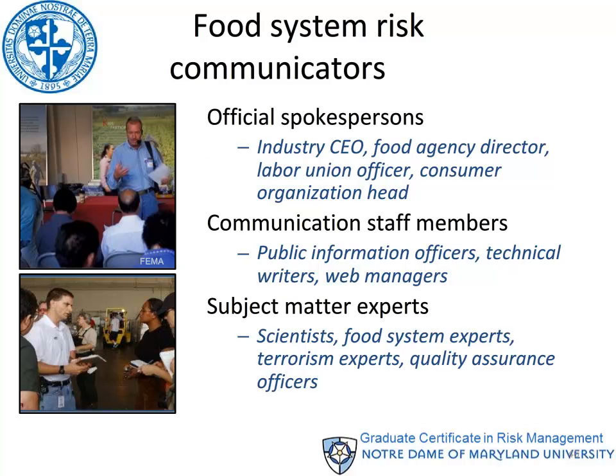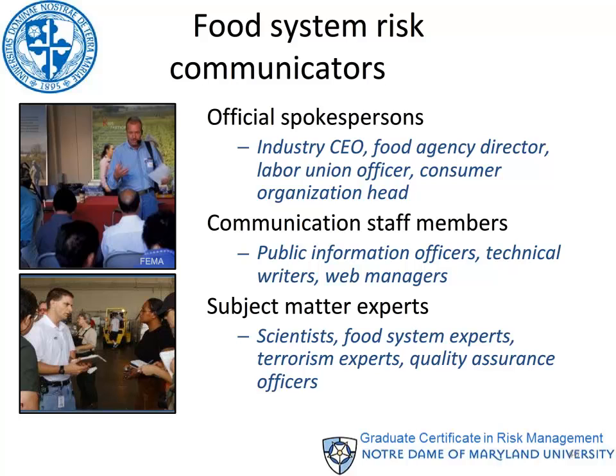Let's use the food system as an example. Risk communicators from the food system serve many roles and functions. Foodborne outbreaks or emergencies will usually involve risk communicators that include official spokespersons, communication staff members, and subject matter experts.